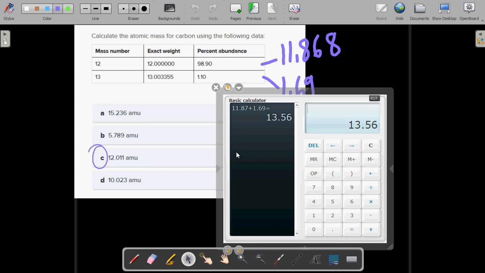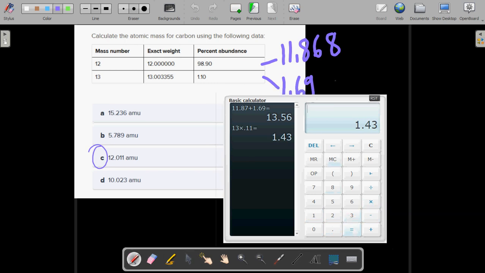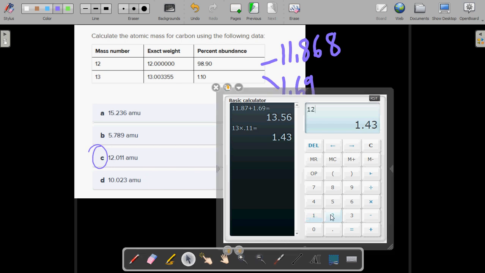Anybody got, so 13 times 0.11 is 1.43. So I must have added something wrong. And then 12 times 0.989 is 11.86.